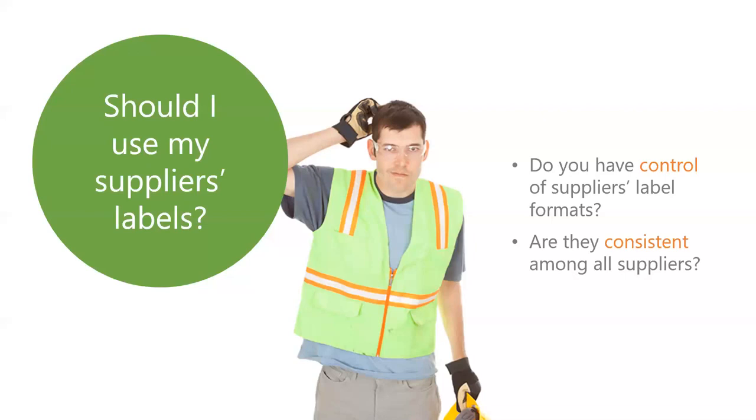Often, in my own opinion, I'm not a big proponent of using supplier labels over printing your own. Some of the scenarios above can lead to issues in creating a consistent and accurate process when you don't have control over your own barcodes and labels in your organization. Using your own labels really saves you a lot more time and money that may be visible at the forefront in training your employees on how to scan or consume those barcodes and labels.